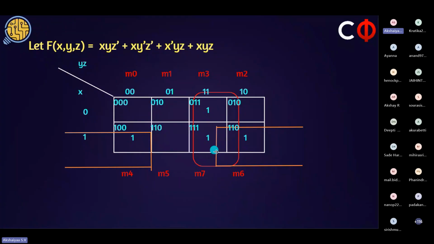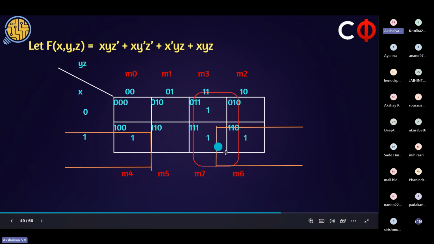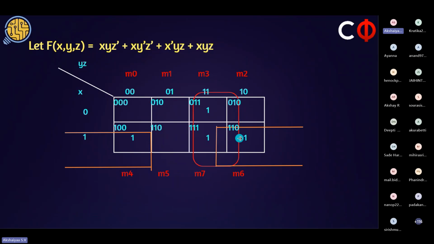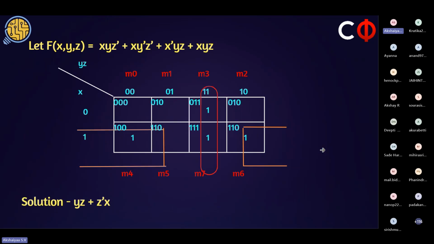And the next term is going to be coming from this orange box over here. In this orange box, what is not varying? X is remaining at 1, you can see that, and Z is also remaining at 0. So we are going to be writing that as XZ prime. So overall, the end result becomes YZ plus XZ prime. Is this clear, or do you want me to explain once more?